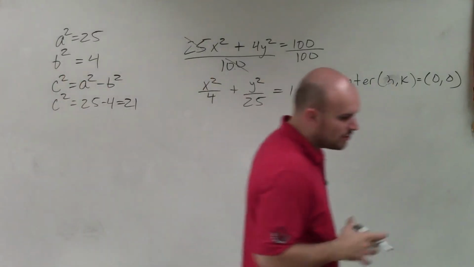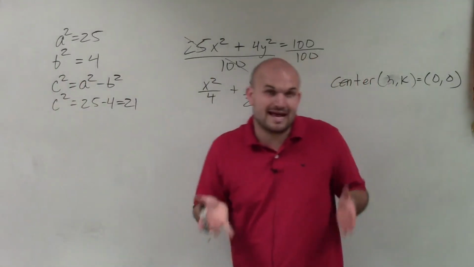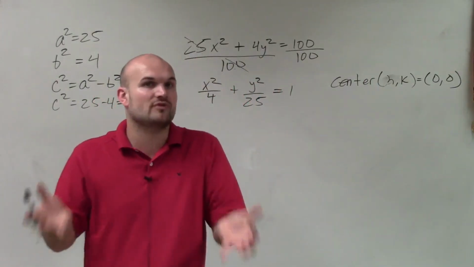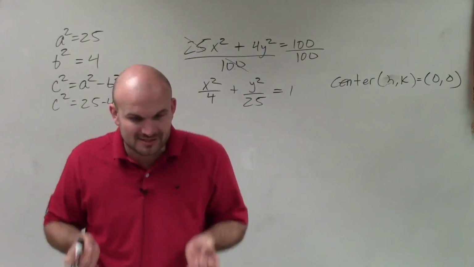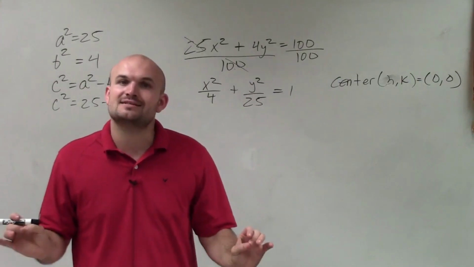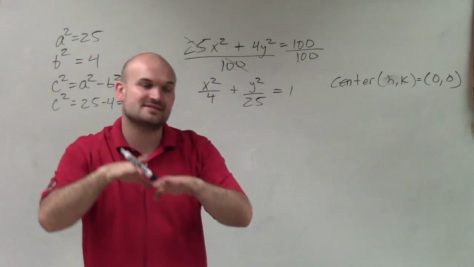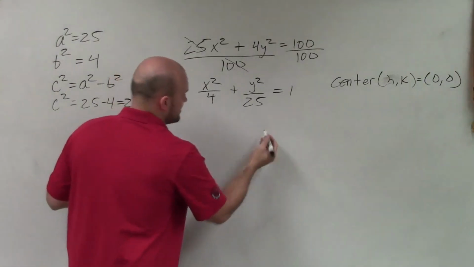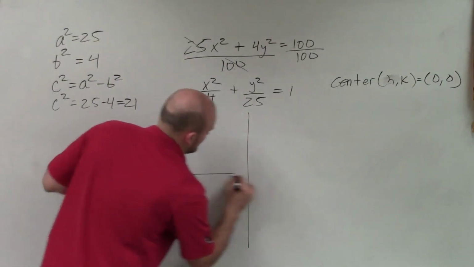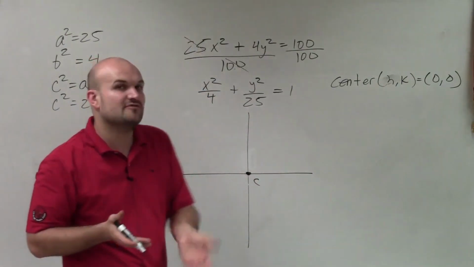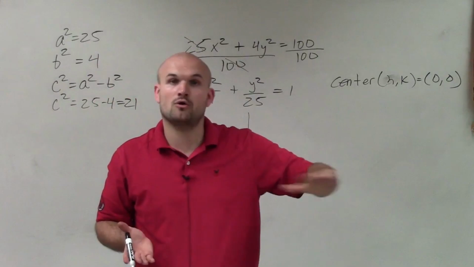All right. So now, after I've figured out my a, b, and c, the next thing I need to determine is where my major axis is, because it's so important for us to write down and understand that the major axis contains the vertices, the foci, and the center. I know my center, if I'm going to graph this, is at 0, 0. But are my vertices and foci going to be vertical or horizontal?